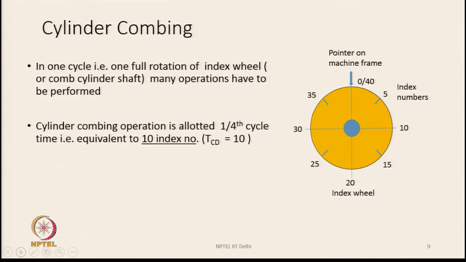Cylinder combing operation is allotted 1/4 cycle time, which is equivalent to 1/4 of 40, that will be equivalent to 10 index number, because maximum we have 40. So, the combing duration represented by TCD will be equal to 10.